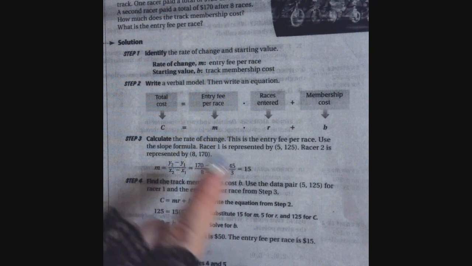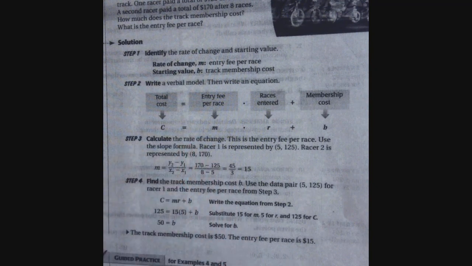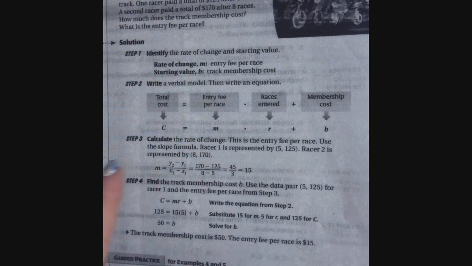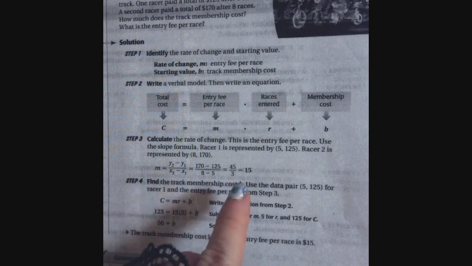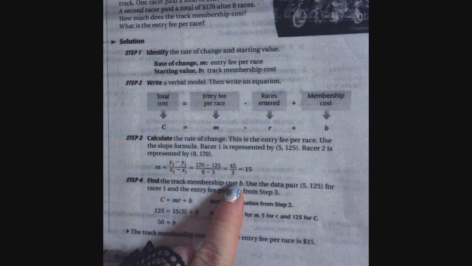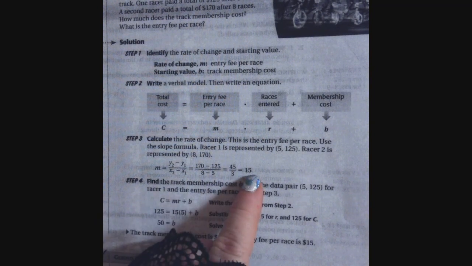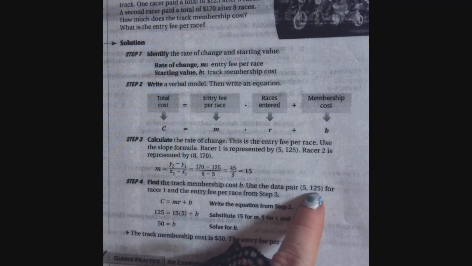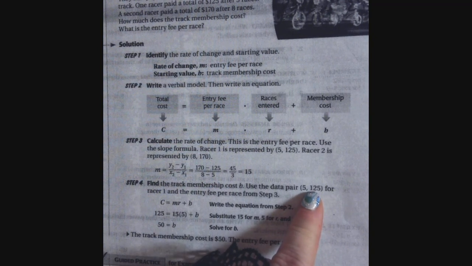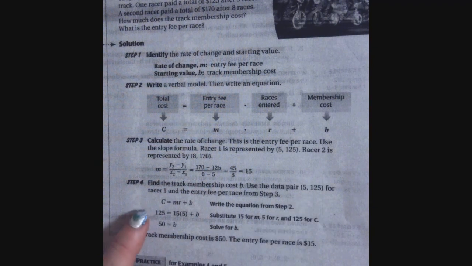So we go back and we know it's $15, and we find the track membership cost B now. So we know the slope, or how much it costs for each race, and we have 1 ordered pair. You can use whichever one. Here they used 5 and 125. So they go ahead and they plug in. 125 is the cost.